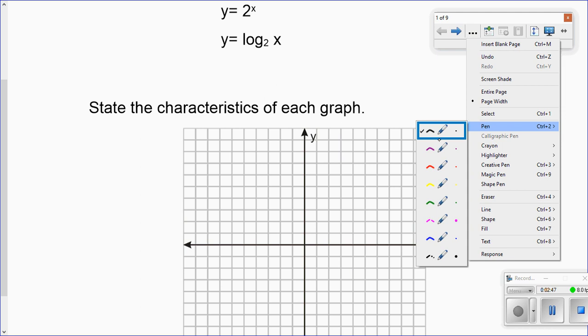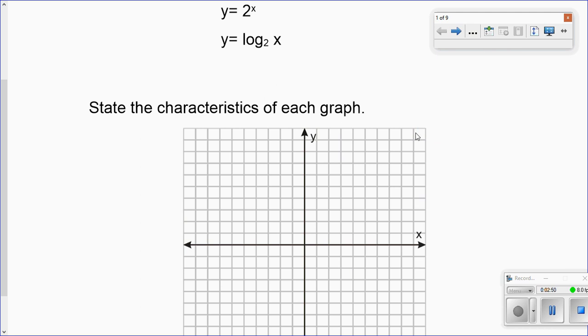Okay, so I've got a common point for all my exponential functions, a common point here of 1, 0. So I'm going to write the characteristics of this function over here.